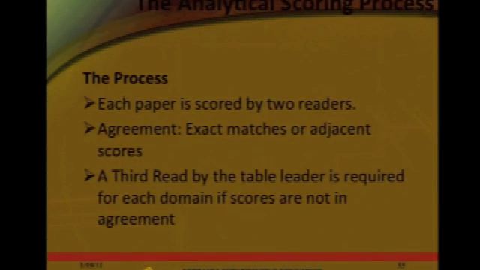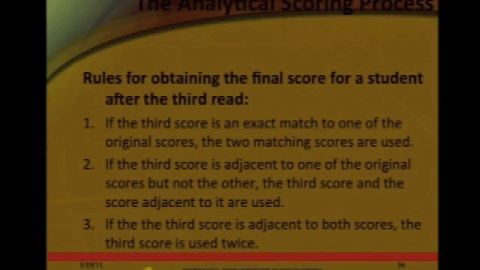Now, the next slide are the rules for obtaining the final score for a student after a 3rd read. Now remember, that only occurs if what we had in the past, we called that a negotiation. We don't negotiate anymore. We have a 3rd person read that paper. It's very simple, the rules are 3 of them here. It says if the 3rd score is an exact match to one of the original scores, the 2 matching scores are used. Sweet, easy.